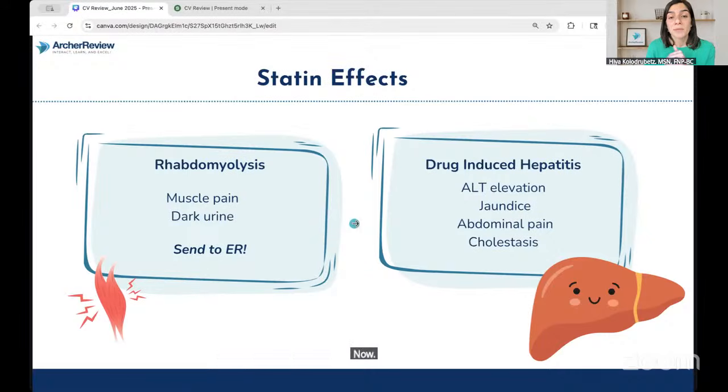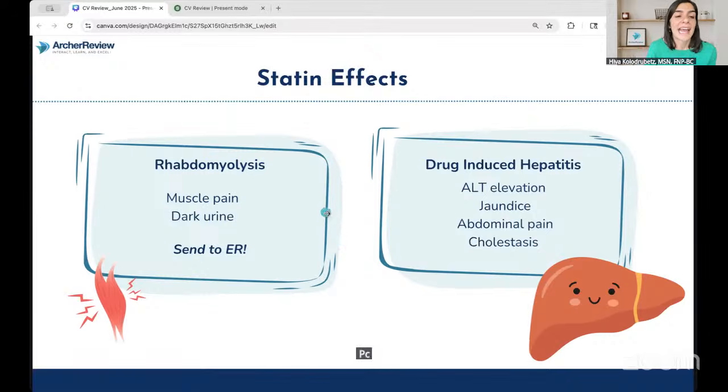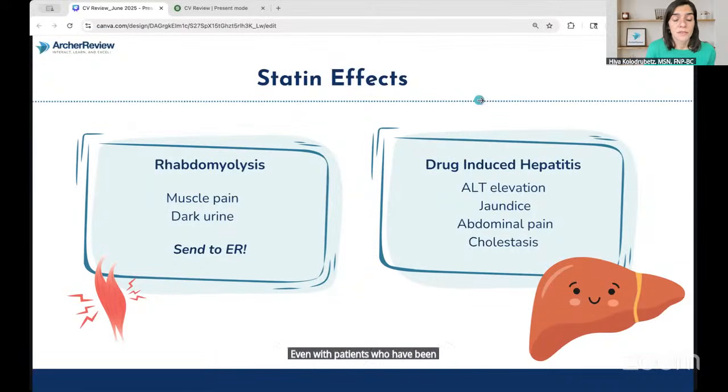Now, that doesn't mean you should leave your patient untreated, right? So you can try a different statin, or if you're nervous about it, you can send them over to cardiology, and they'll probably start them on the PCSK9 or other medications. But we definitely want to make sure that we're aware that this is a potential side effect at any stage, even with patients who have been on statins for a long time.